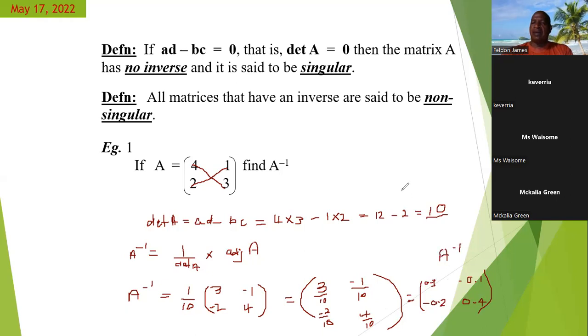Now, one of the things that we know, if you multiply A by the inverse of A, you should get the identity matrix.